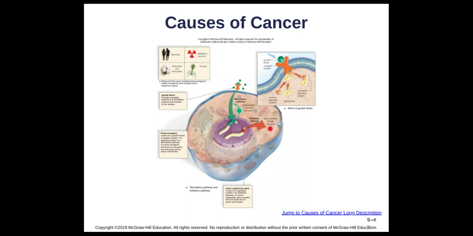I was negative for these genes, but that doesn't mean that I'm not at risk of breast cancer, because radiation affects them, viruses can affect them, pesticides, herbicides. There's many things that can mess with these genes or other parts of your DNA and can, in fact, lead to cancer.